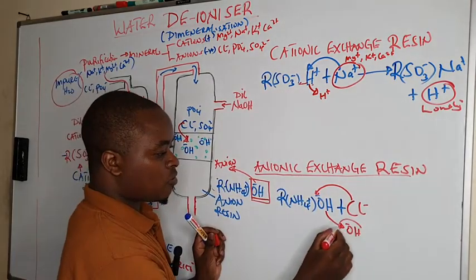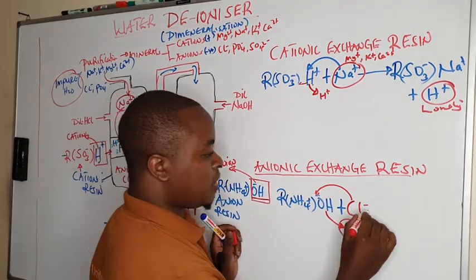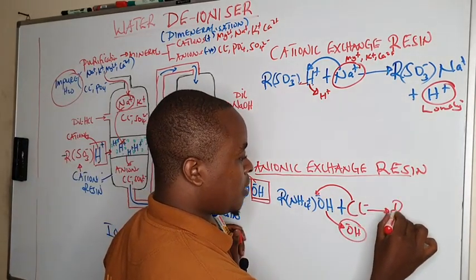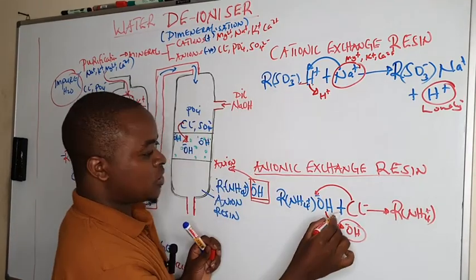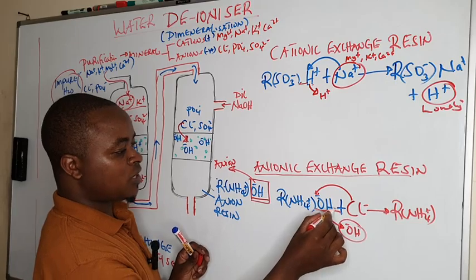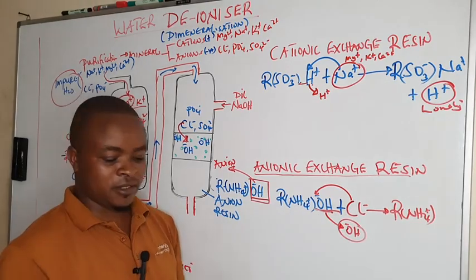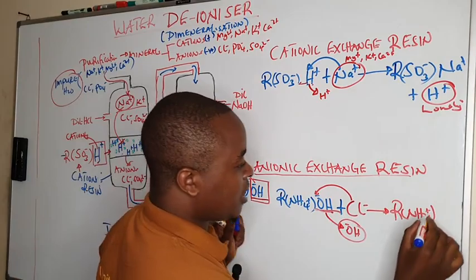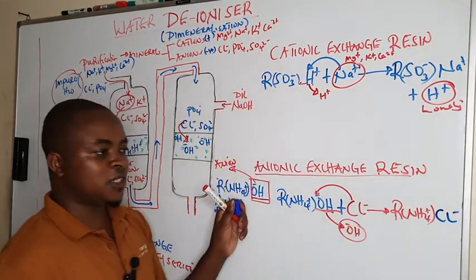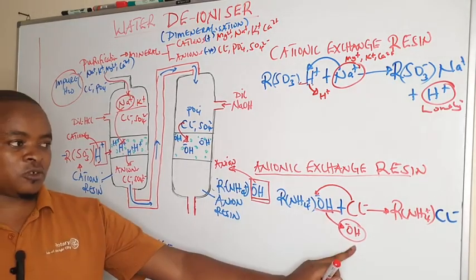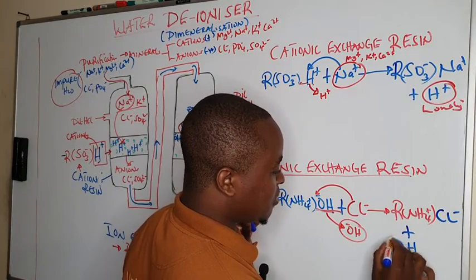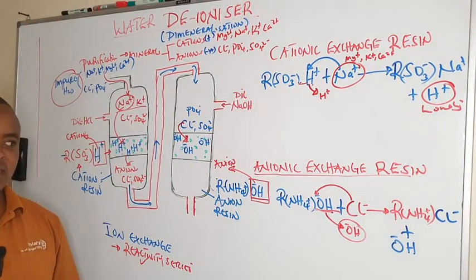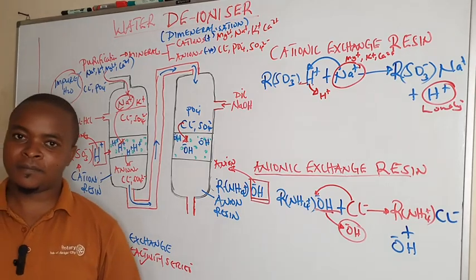Then this hydroxyl group is going to remain lonely. So at the end, the result is RNH4 with the chloride, no longer the hydroxyl group, because the chloride is highly reactive. So we leave the hydroxyl group lonely.